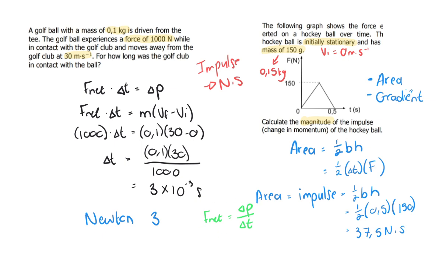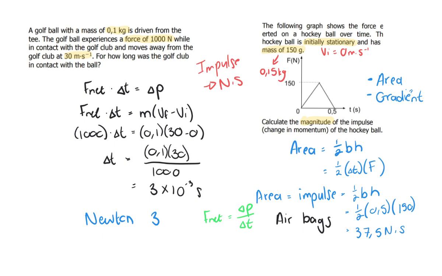So let's say, for example, we have the one where why can airbags be useful during a collision? Set your answer by using the impulse momentum theorem. So we are looking at airbags.